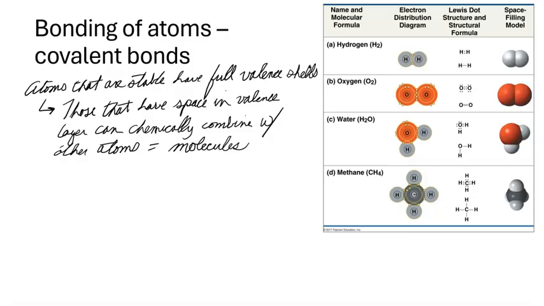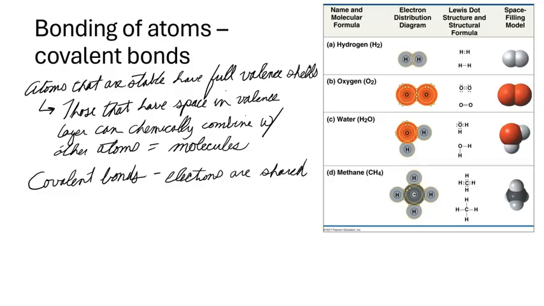So let's talk about covalent bonding first. Think of this as a sharing of electrons between 2 or more atoms. Electrons are shared.